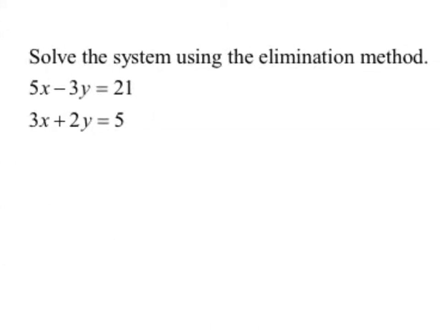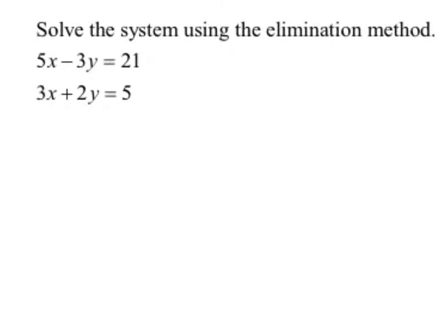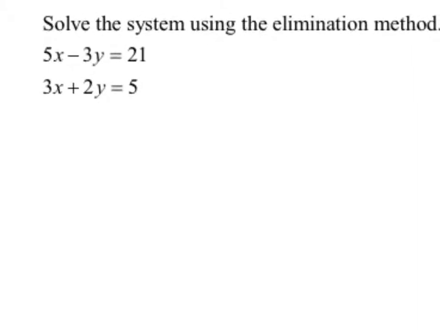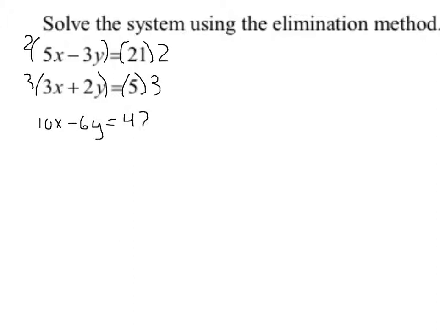Solve the system using the elimination method. What that means is you have to add or subtract to get them together. So I look at this, and I'm going to multiply this one by 2, and this one by 3. So if I multiply the top one by 2, I get 10x minus 6y equals 42.